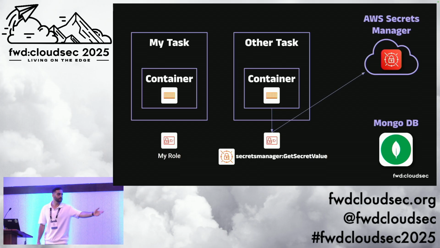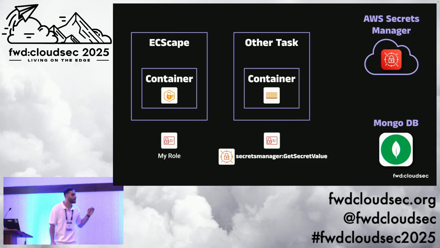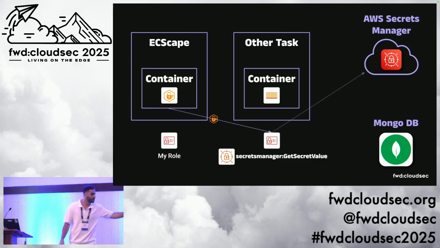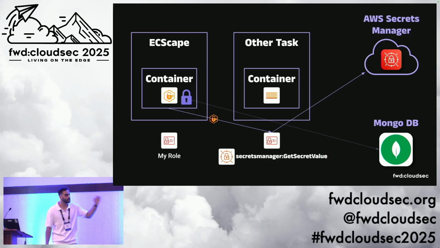It can use its role, get the MongoDB secret, and authenticate to the MongoDB. Now, what can I do? Using the technique that I showed you before, I can get the other task's permissions and authenticate to the Secrets Manager. I'll receive back the Mongo access URL secret and connect to Mongo and access MongoDB, which I haven't had the permission to access before.